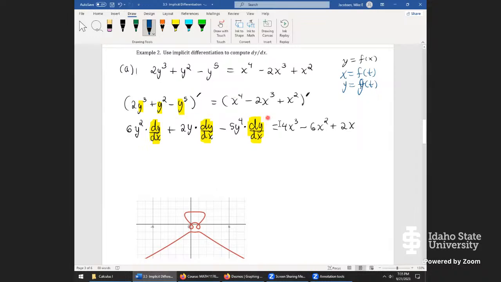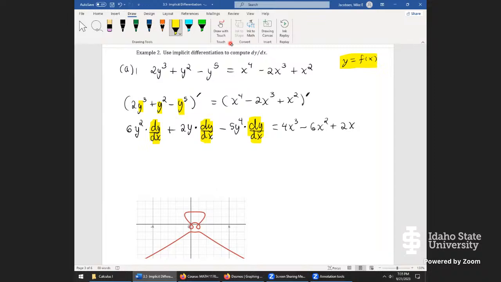But the reason nothing happened over here, it's just 4x cubed, is because x is not a function of something else, it's only a variable. This is the sole reason we're picking up the dy dx. So we'll return to that thought when we're in section 3.9 on related rates. Other questions at the moment?